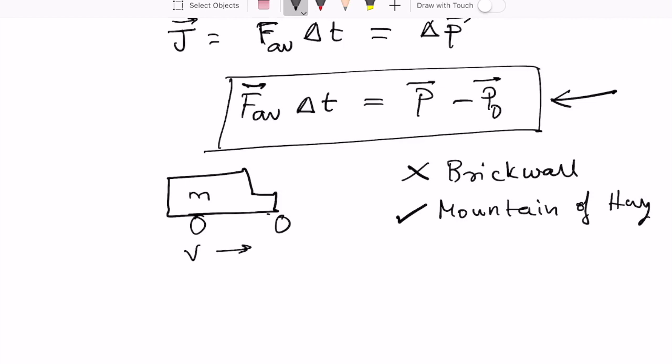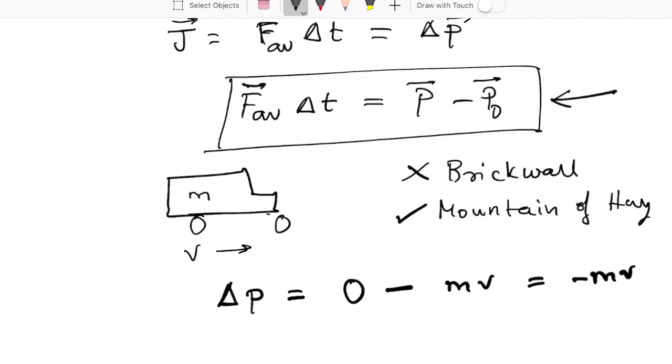Its final momentum is going to be 0, right? So its change in momentum, its delta p, is just going to be final momentum, which is 0, minus its initial momentum, which is mv. So delta p is just going to be minus m times v, and there is nothing that you can do. That is true regardless of how the car comes to a stop.